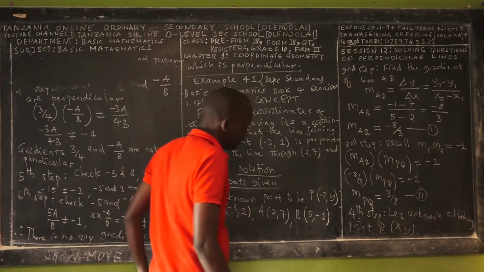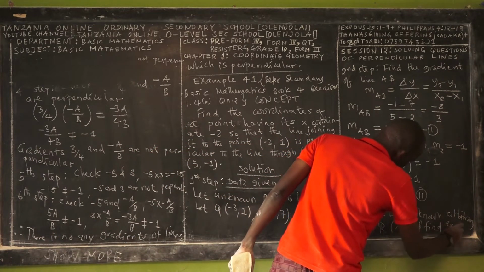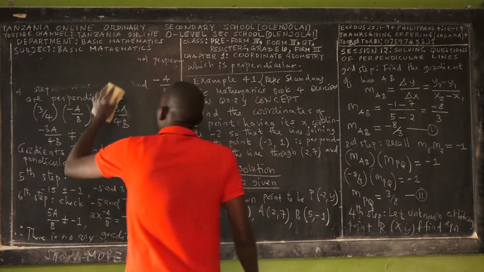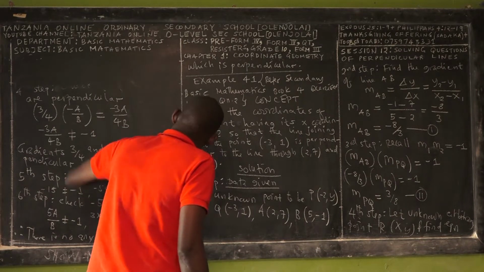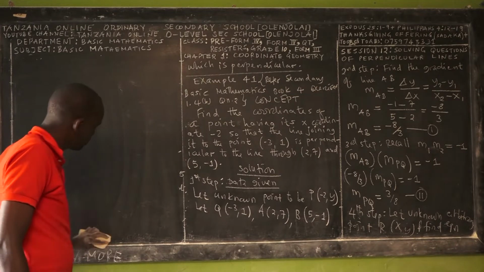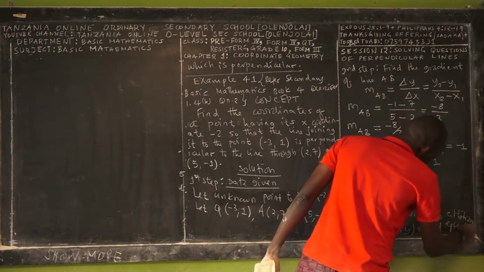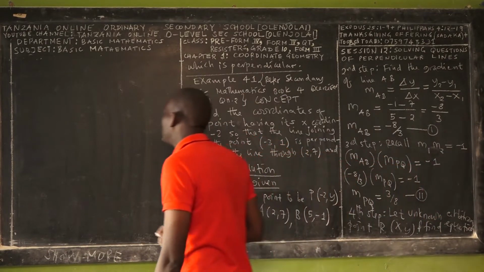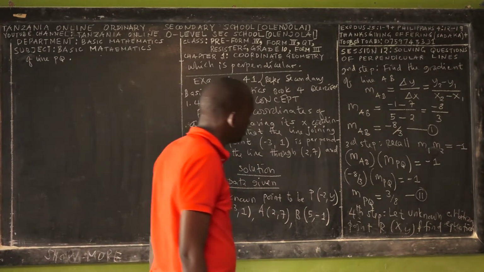Find the equation of line PQ, if a line passes through P and Q. So find the equation of line PQ.